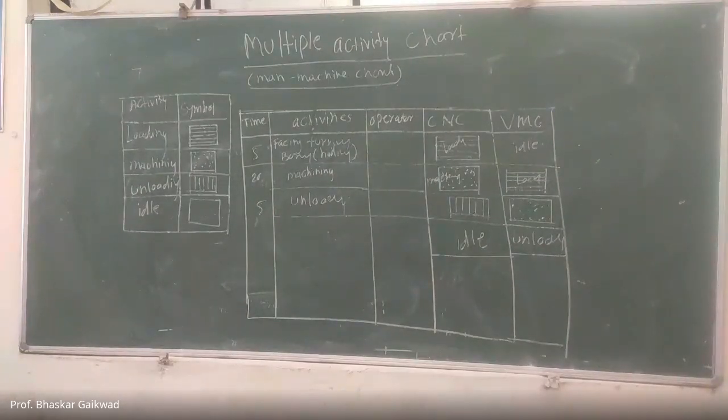From this, we will calculate. Okay, so multiple activity means one worker handles at least two machines or more than two machines. Okay.